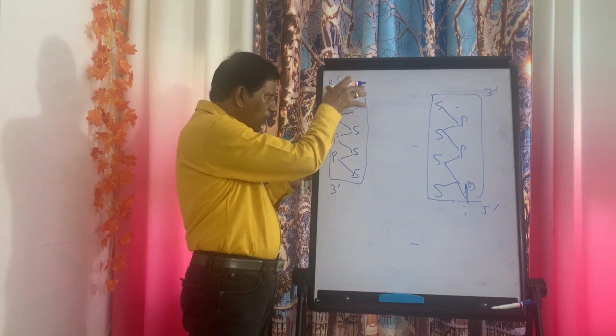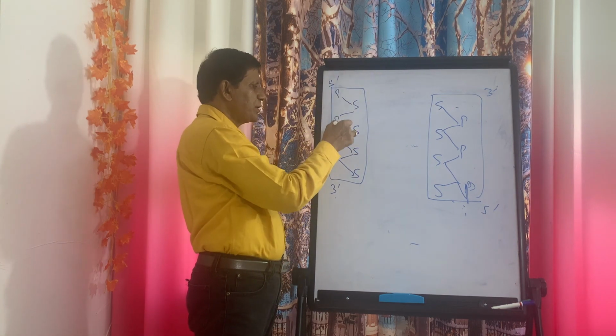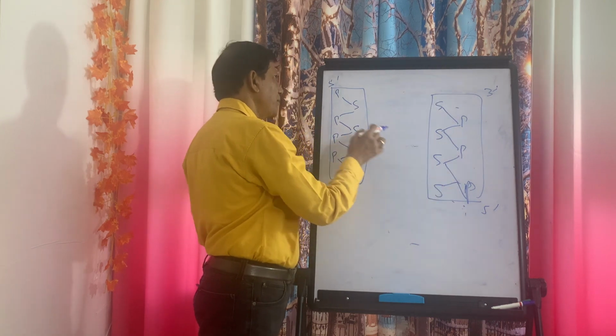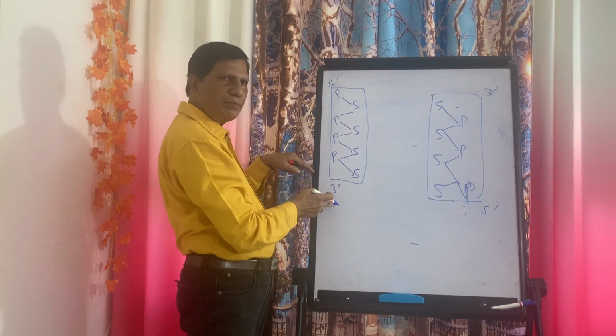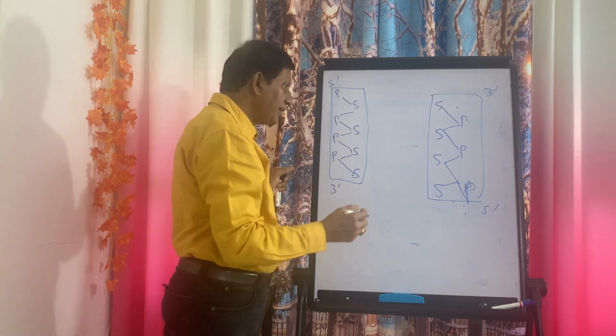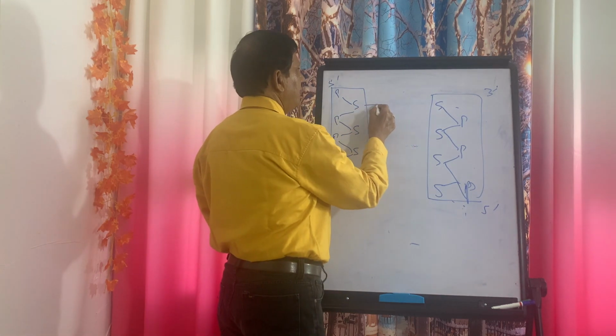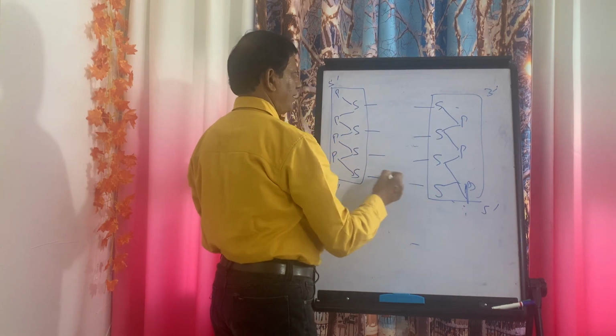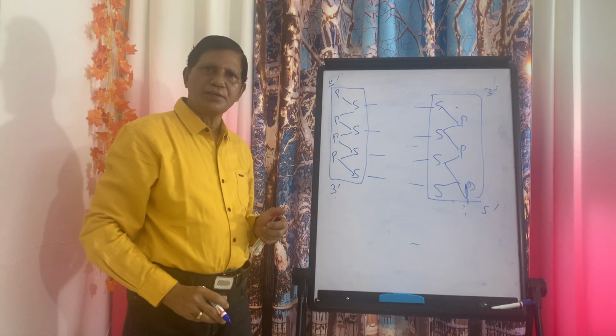So in one polynucleotide there is a sugar phosphate backbone, and in the other also a sugar phosphate backbone, but one is running from 5 prime to 3 prime and the other from 3 prime to 5 prime. And the nitrogen bases project inside. This is the double helical structure.